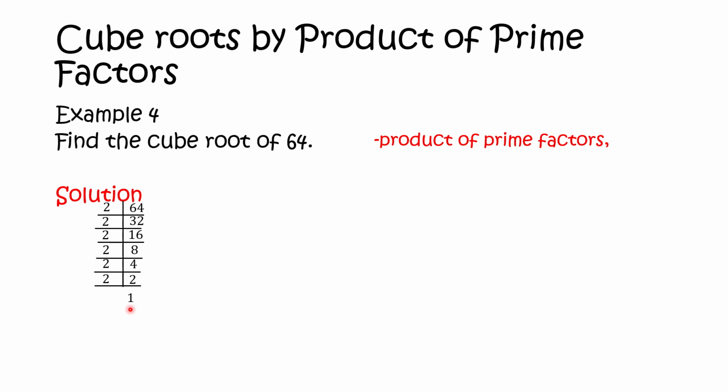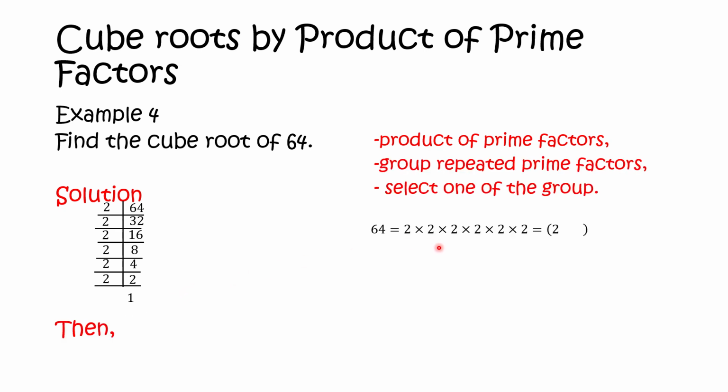Awesome. So we can now express 64 as a product of its prime factors. Once we have done so, we make sure that we place these prime factors into 3 identical groups. Each group would have a 2 times 2.